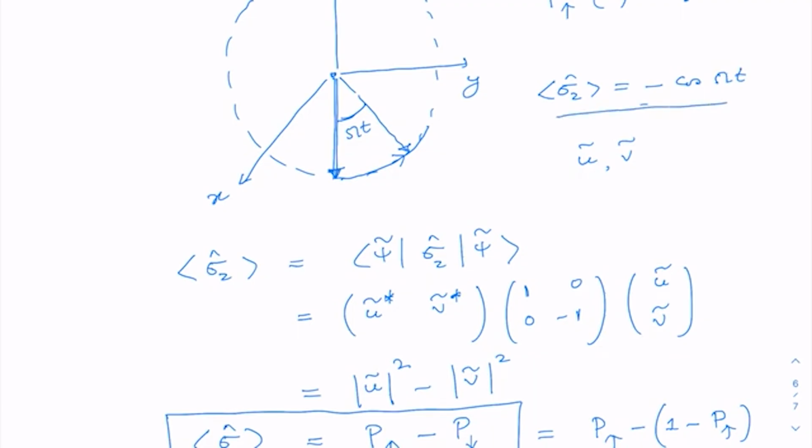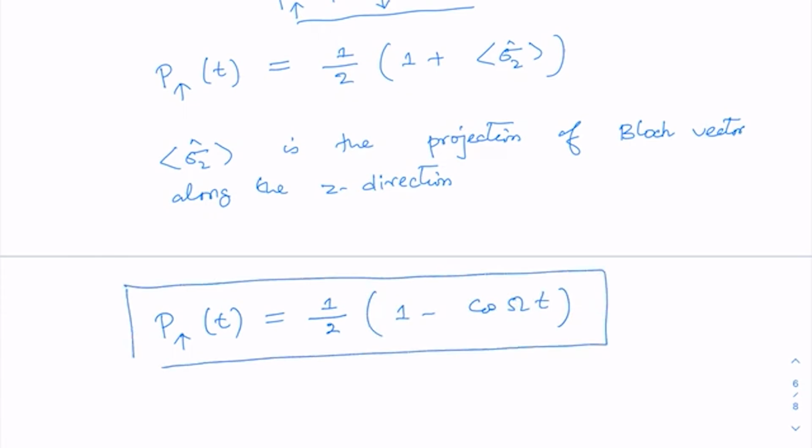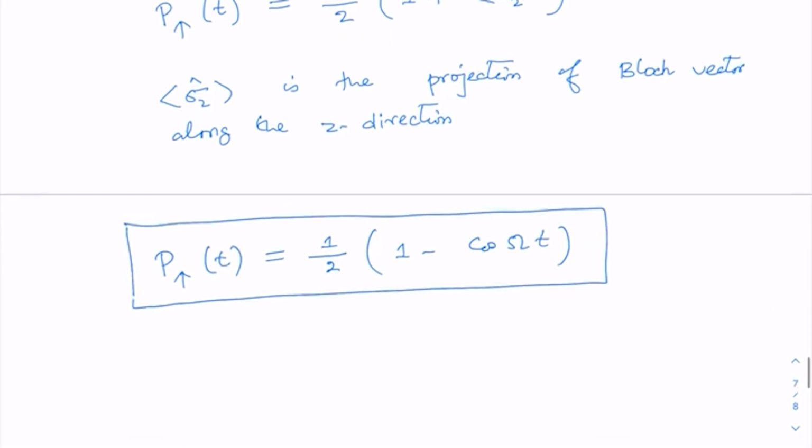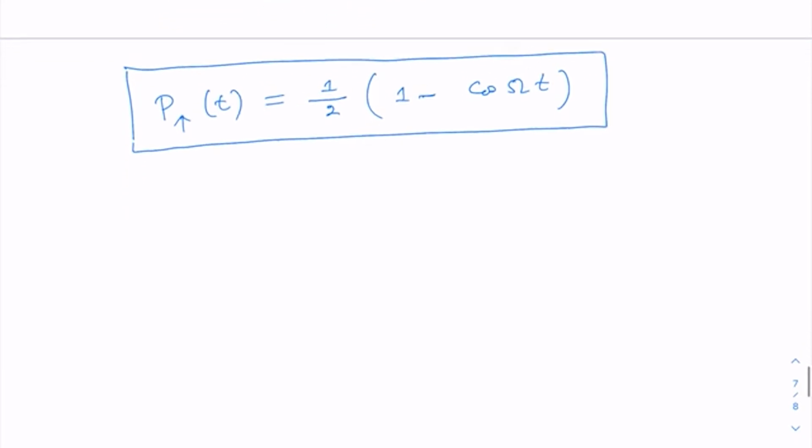So putting this expression there, P up, the probability of finding the system in the excited state, would be half of 1 minus cos omega t. So we have now obtained a very compact equation for the probability of finding the system in the excited state at a given time t.